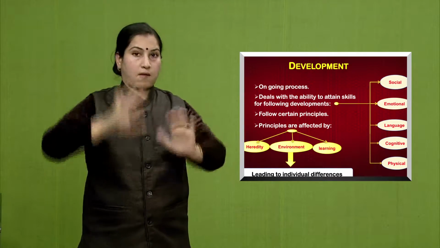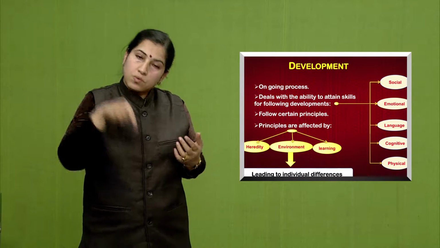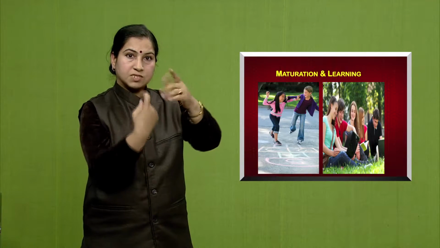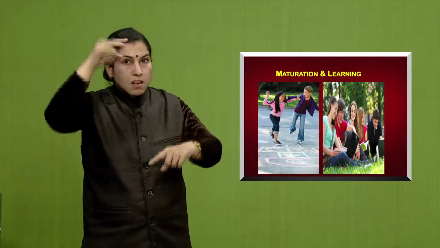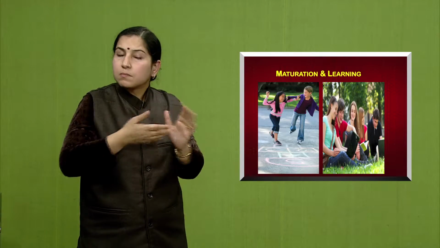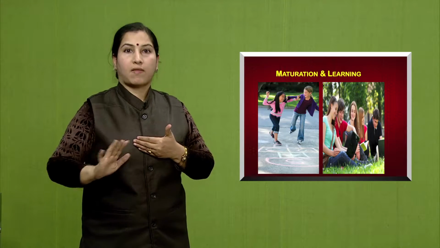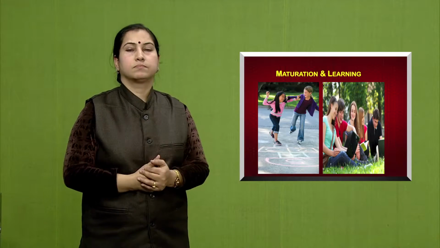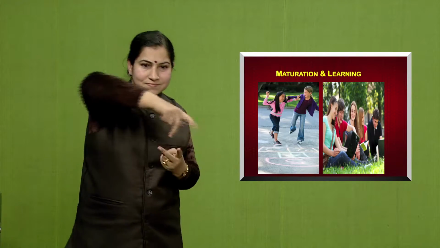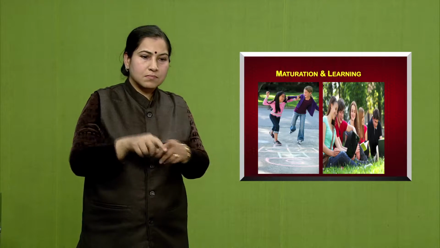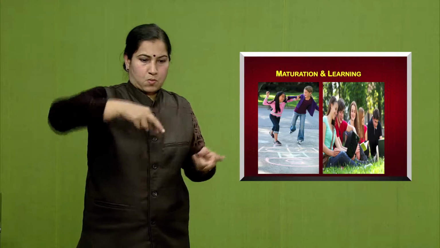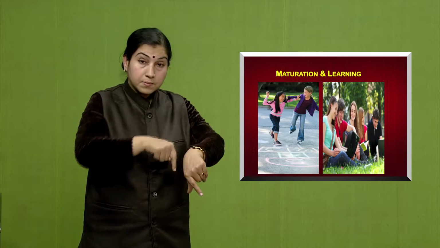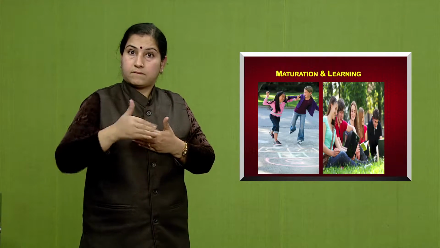To understand this, let's understand the concept of maturation and learning. Maturation refers to the potential traits for different activities like sitting, crawling, creeping, walking, etc., which are present at birth in the individual and are controlled by heredity.